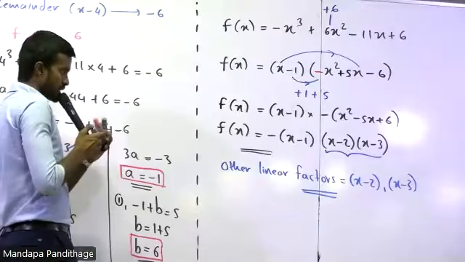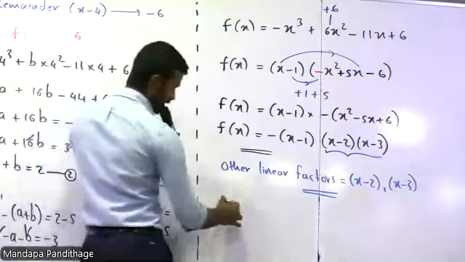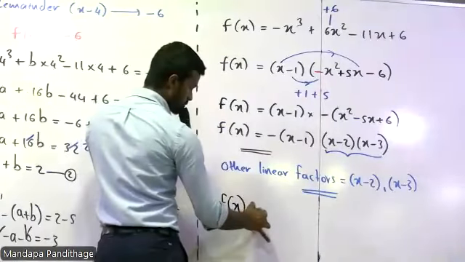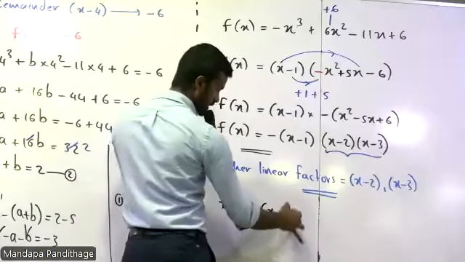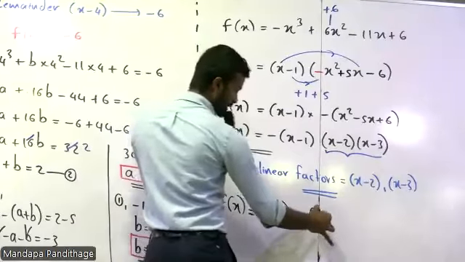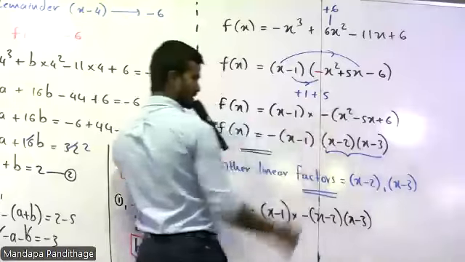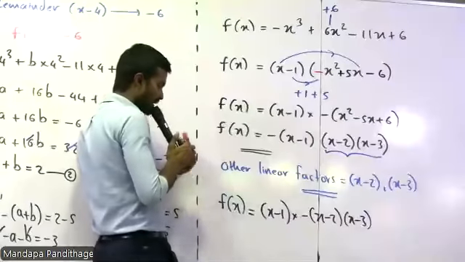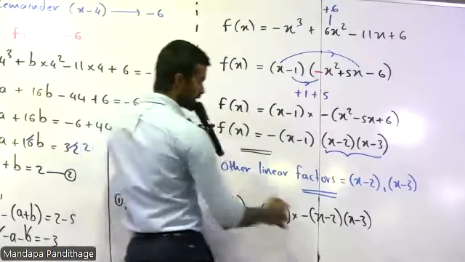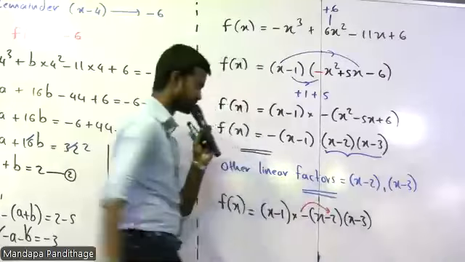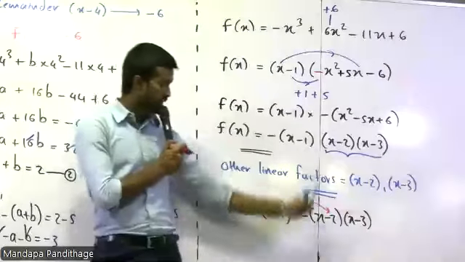The other way is, after factorizing, you got f(x) equals x minus 1 into minus x minus 2 and x minus 3. Anyway, to factorize you need to take the minus out. If not, it's hard. The minus you took out, you can again put it inside.